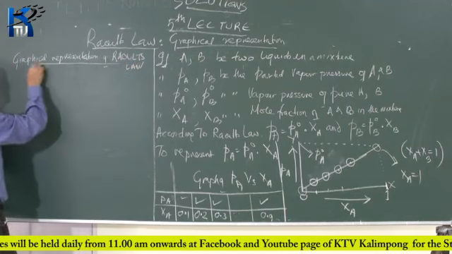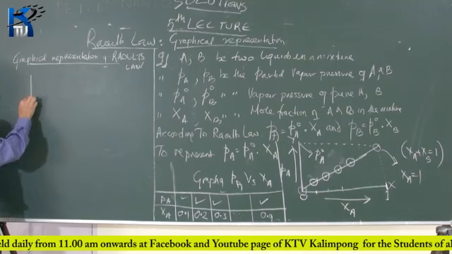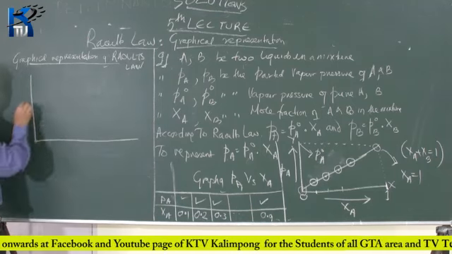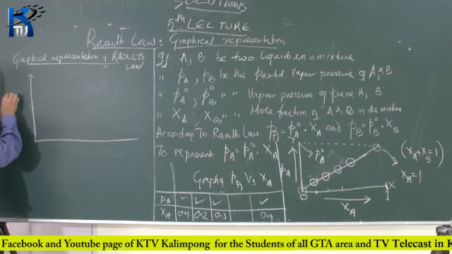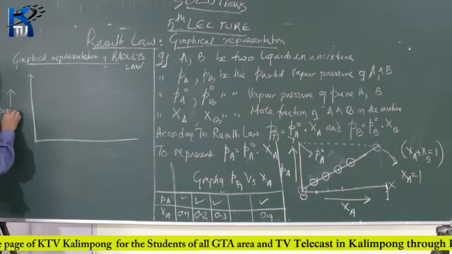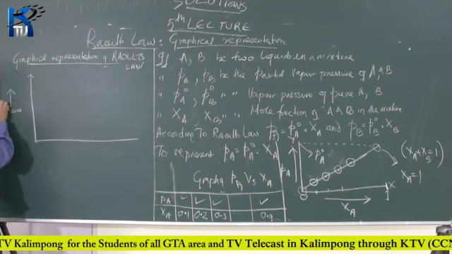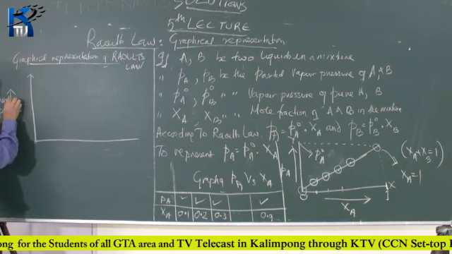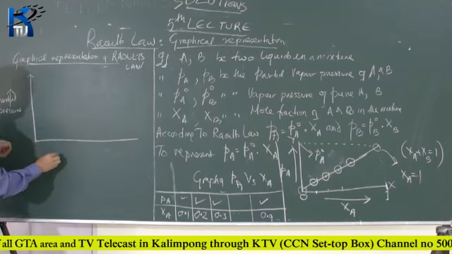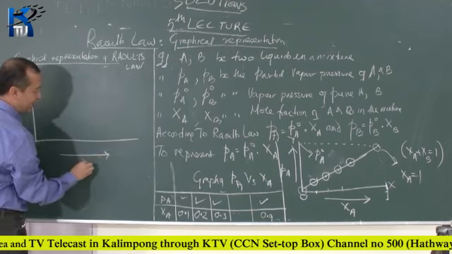In the graphical representation, we draw the y-axis, which will naturally contain the pressure terms, the partial pressure or vapor pressure, and on the x-axis we take the mole fraction.